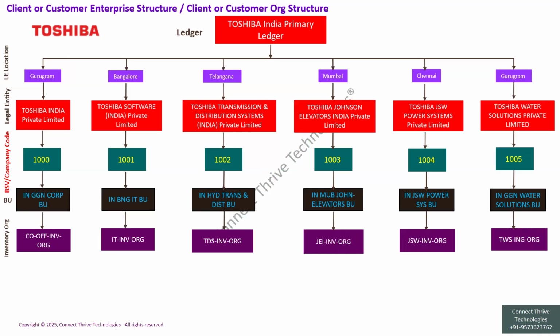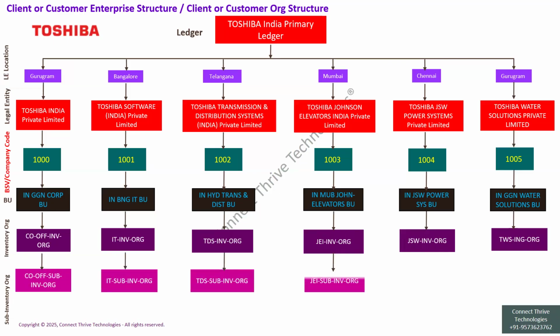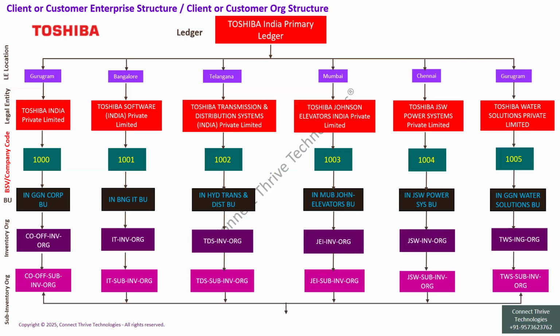Then based on the requirement, we can create the sub inventories also under the inventory org. So these are all the sub inventories for each unit. Depending on the requirement, we will create the sub inventories, and locators also we will create.